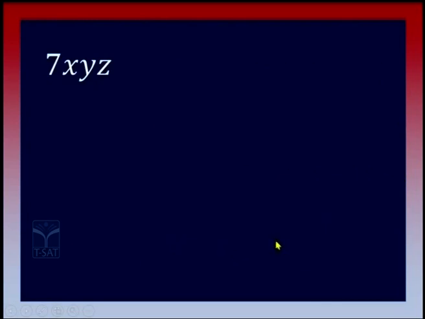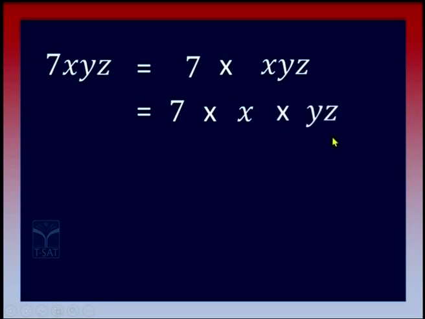In a similar way, suppose you take a term 7xyz. How can you write this single term as a product of terms? You can write it as 7 into xyz, and you know already that this xyz can also be written as a product of terms. So I write it again as 7 into x into yz. Can we call this the last stage of factorization?